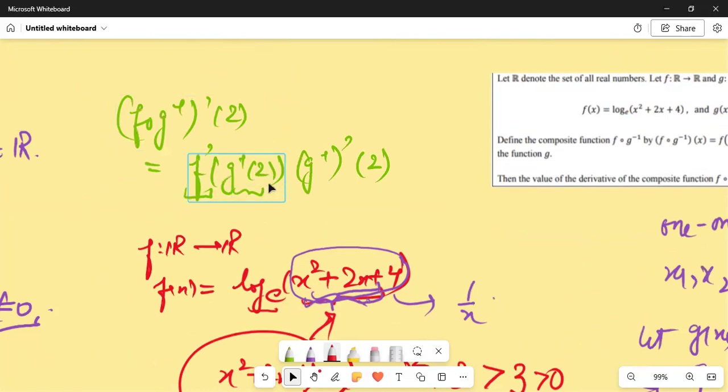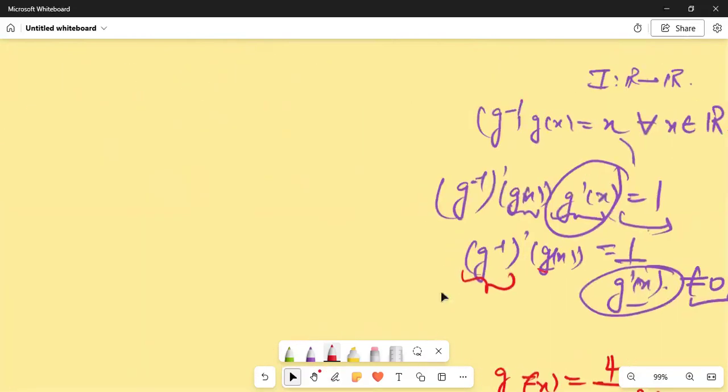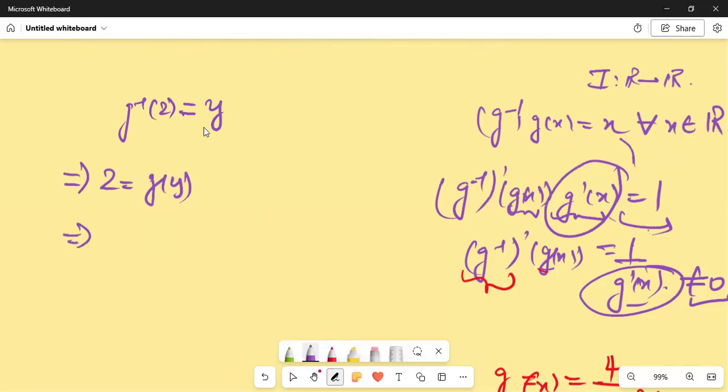But you need to find out f prime of g inverse at the point 2. So g inverse 2. You should know what actually g inverse 2 is. Now, what do you mean by g inverse of 2, or at the point 2? So g inverse 2 is some y. This implies that 2 equals g of y. So basically you need to find y for which g acts on y and you get the value 2.